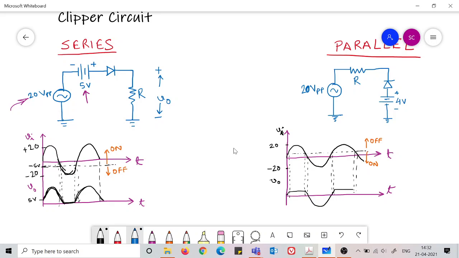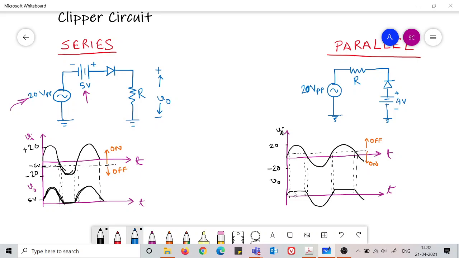And then we are having off, again on. So this is the output voltage. Does this make sense? Anyone has any confusion? I hope it is fine.